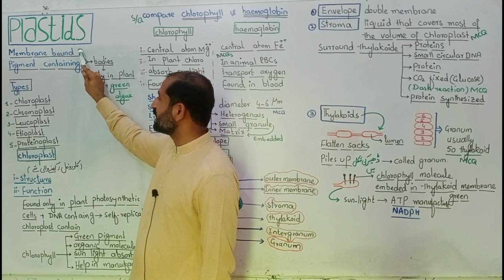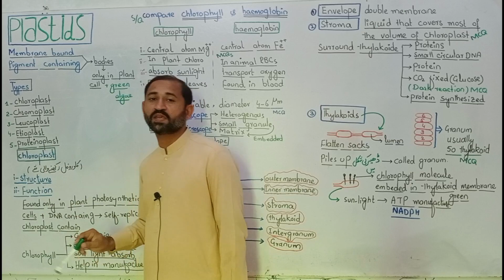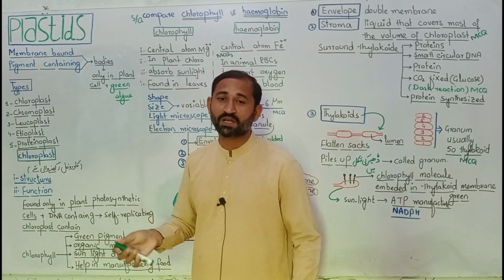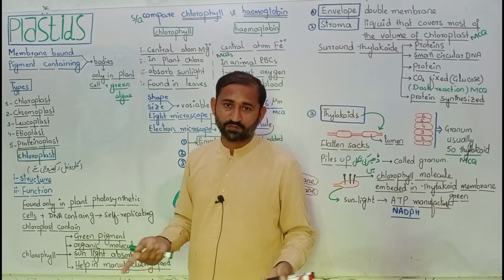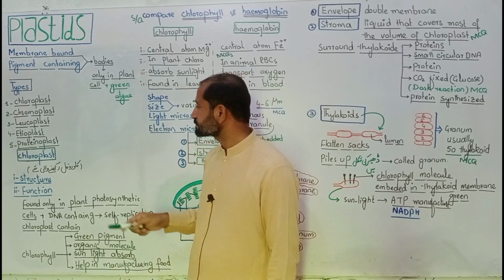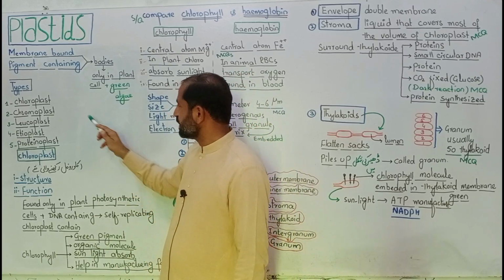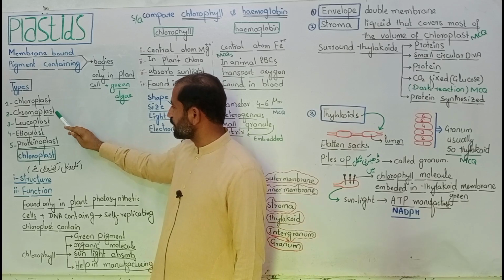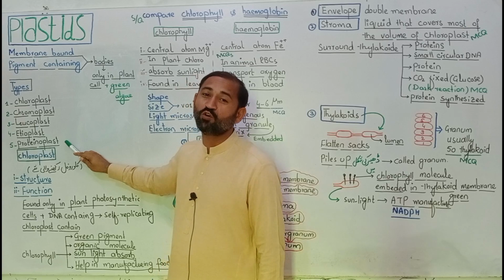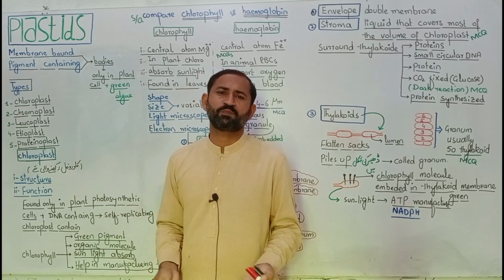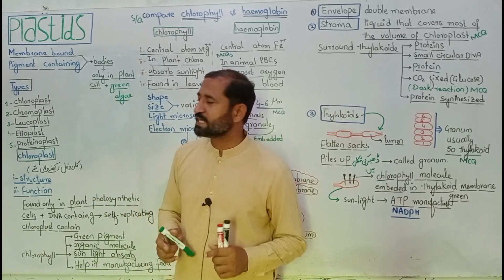That was about plastid, and now about its types. There are many types of plastids: chloroplast, chromoplast, leucoplast, etioplast and proteinoplast. There are also other types, but there is no need to write them here.